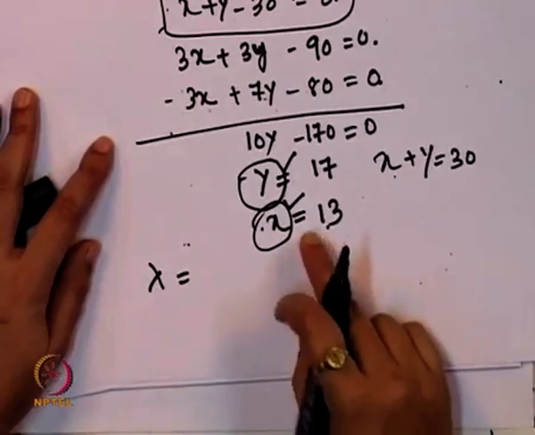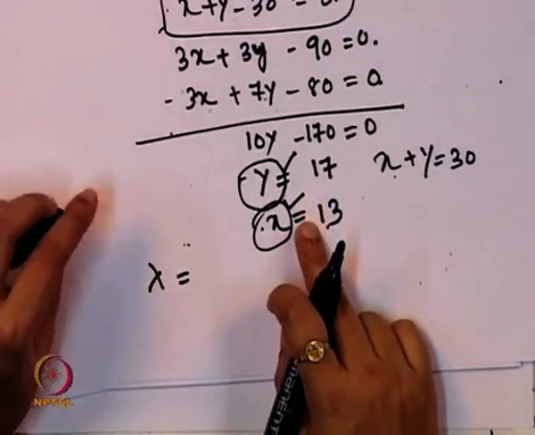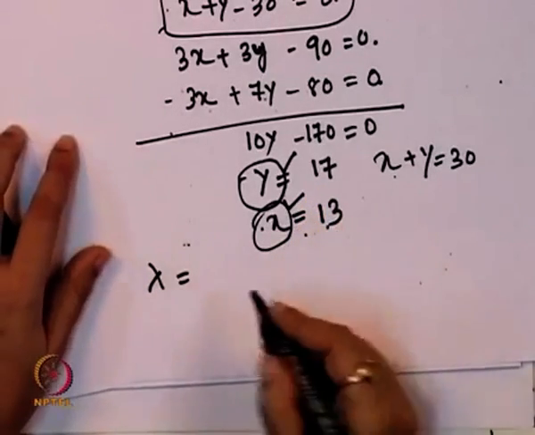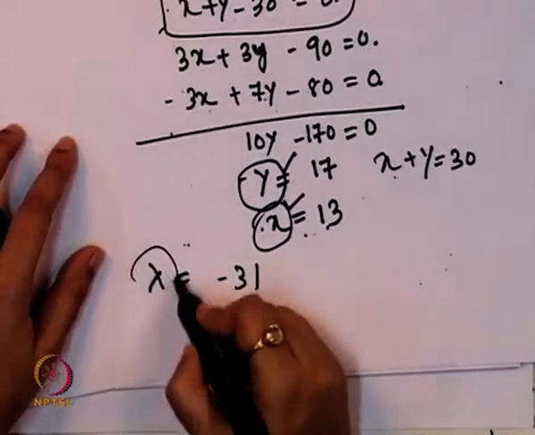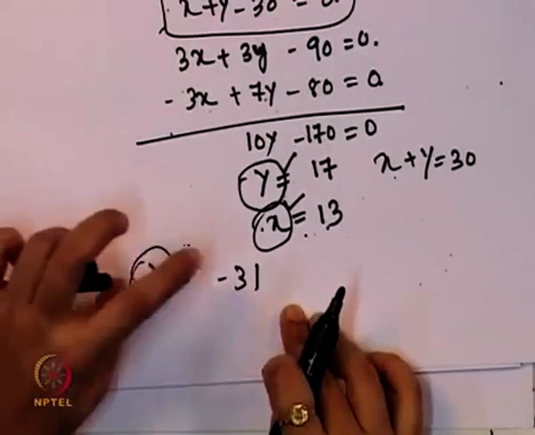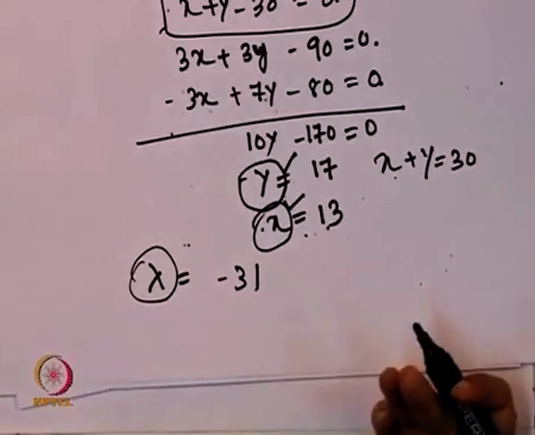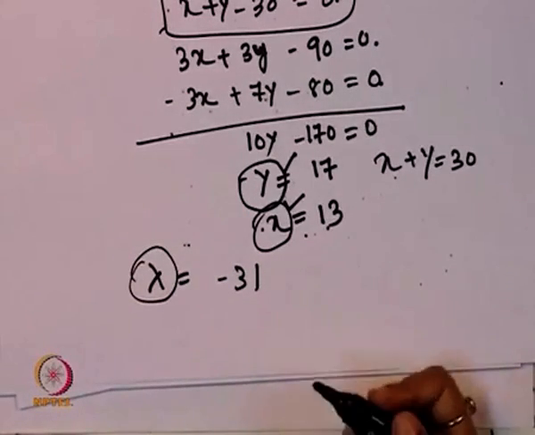From the values of x and y, we can get the value of lambda, and lambda comes to -31. So, we know the values of all three unknowns. Once we put these values in the profit equation, we get the profit, and we can see whether the profit is maximum or not.